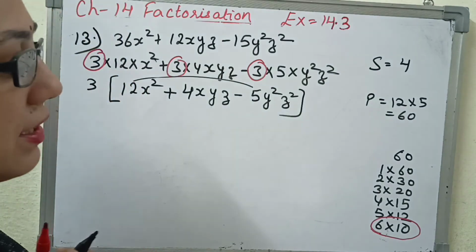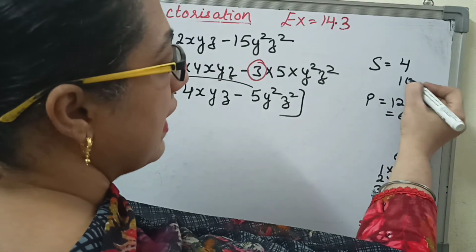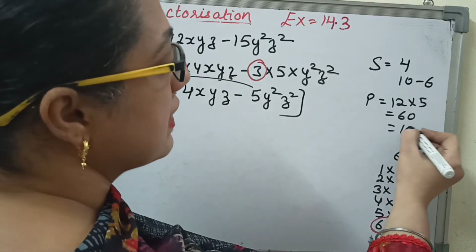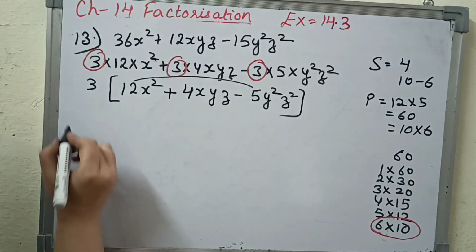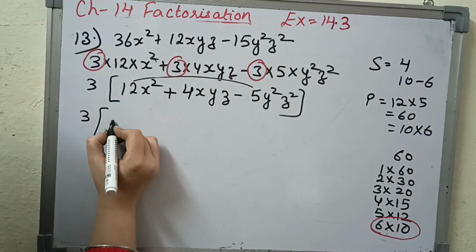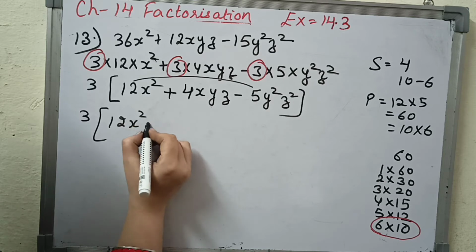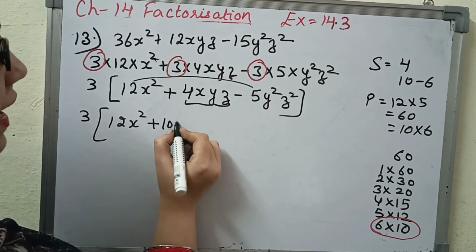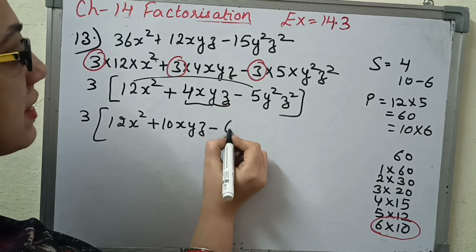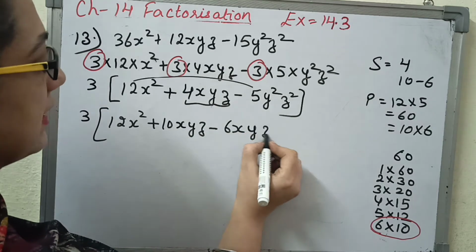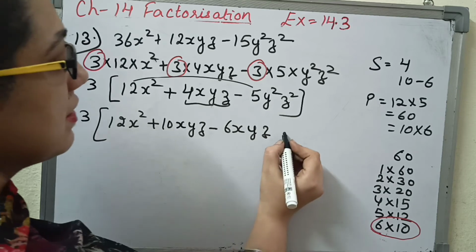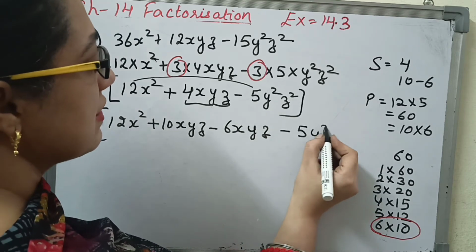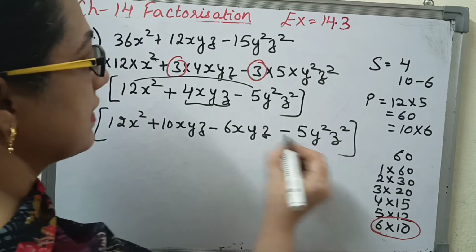When I subtract 6 from 10, I get 4, and the product is 60. So I split the middle term: 4xyz can be written as 10xyz minus 6xyz, because 10 minus 6 is 4. It is minus 5y square z square.